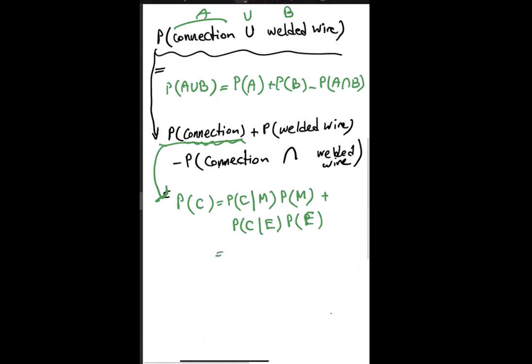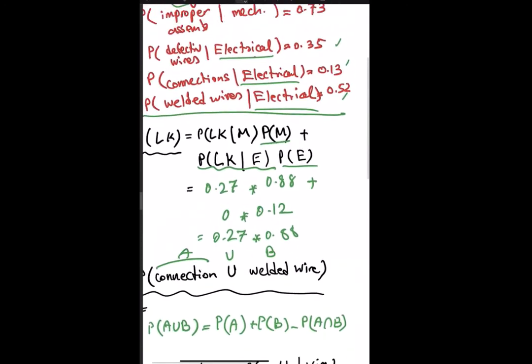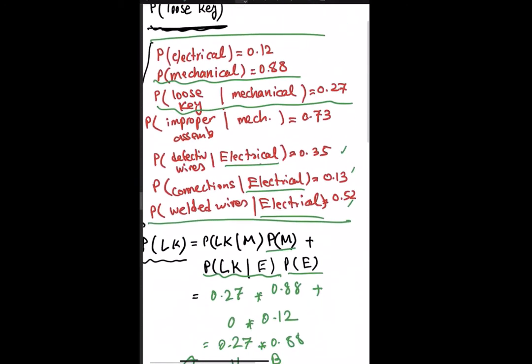And then what is the chance that the error is because of connection if we know it's mechanical? The mechanical errors are these two. What is the chance that it's related to the connection? 0.